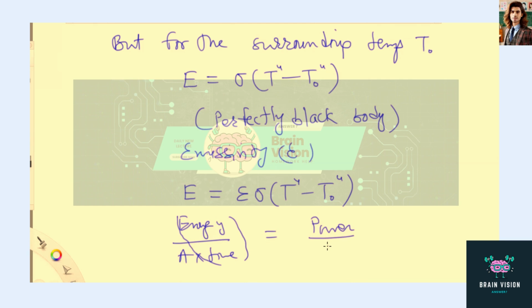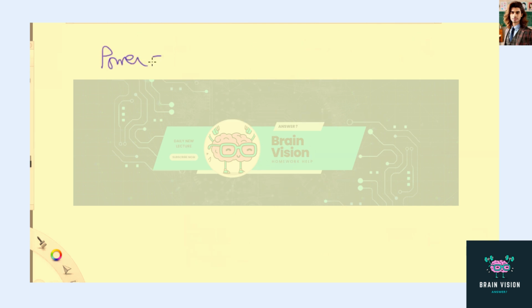Hence, finally, the expression for the power which we have to find in this given problem comes out to be epsilon into sigma into A, the surface area of the tungsten sphere, into T4 minus T naught 4.